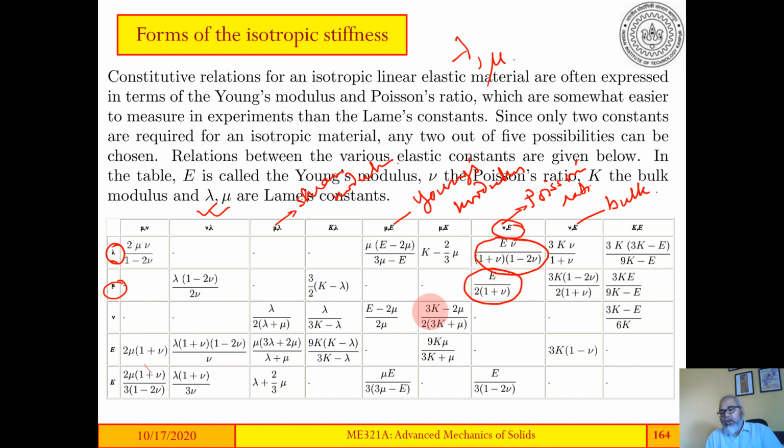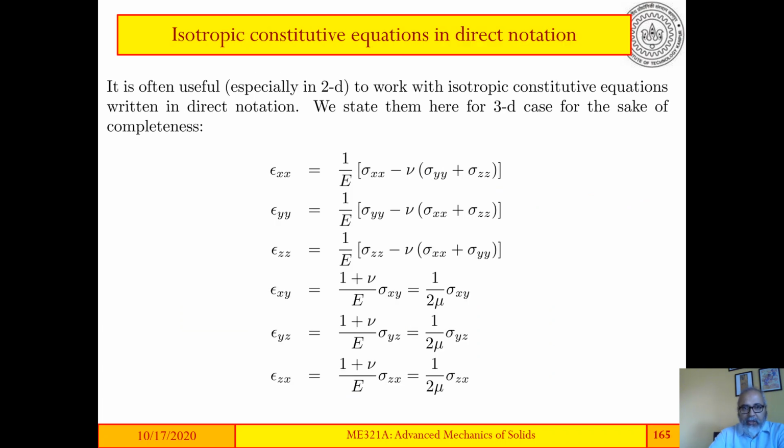So, depending on what constants you have been able to measure, you can find out any other constant using this table that I have given here. So you need to measure two relevant constants, and you can get any other constant in terms of them. Okay. So sometimes we use this in direct notation.